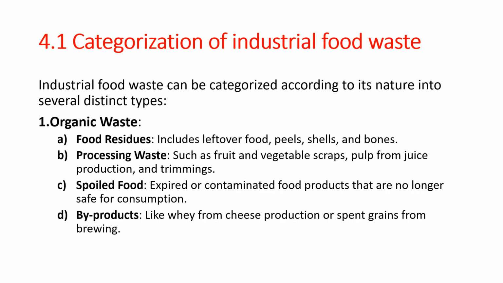Food residues include leftover food, peels, shells, and bones. Food processing waste includes fruit and vegetable scraps, pulp from juice production, and trimmings, while food residues are leftovers, peels, shells, bones, etc. Also in organic waste, we have spoiled food, that is spoiled, expired, or contaminated food products that are no longer safe for consumption.